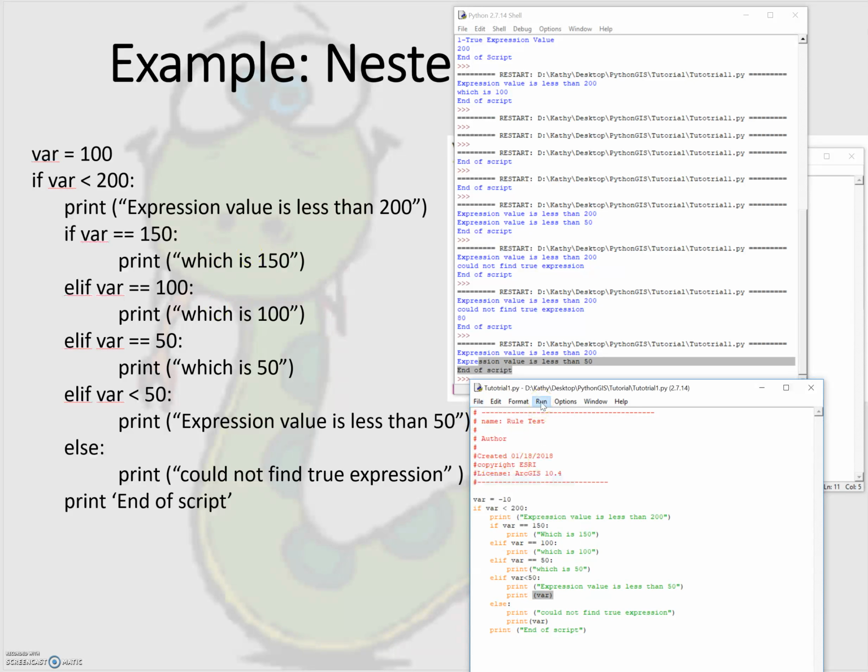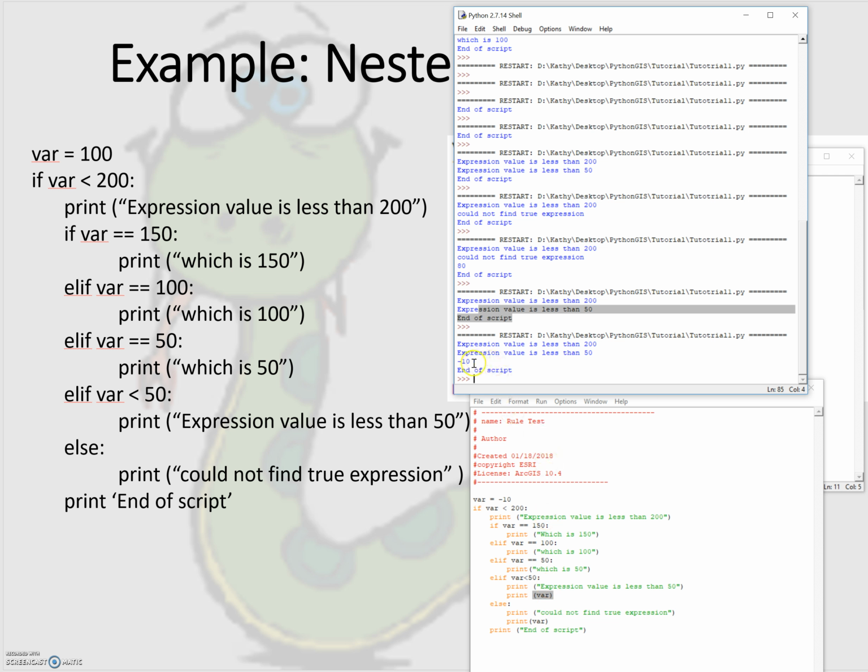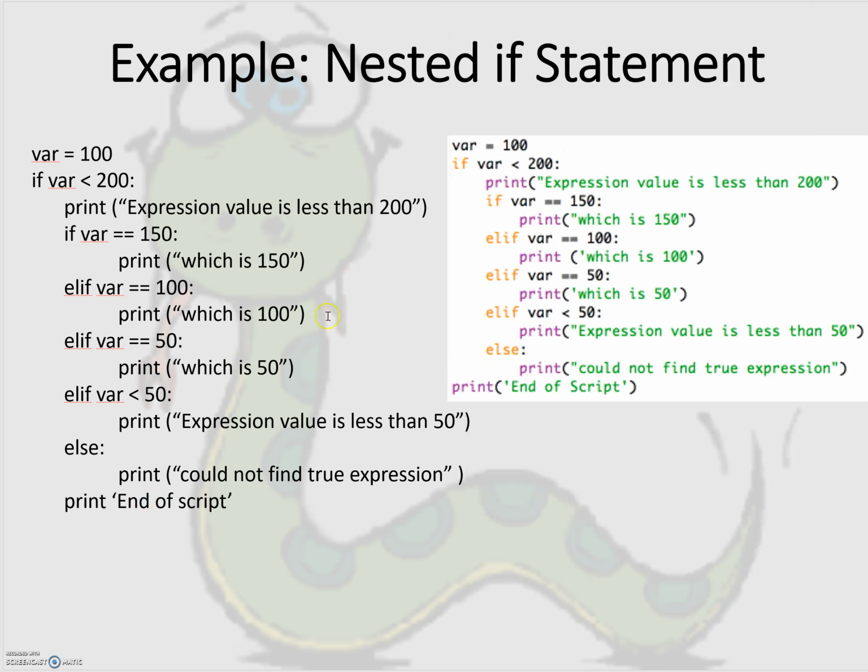File, save, and then run, and it will tell us it's -10. All right, so this is the example here. It has two conditions that we go into, and if it's not, then we want another condition, and it will print if it meets. If it doesn't, like 80, then it will go in here. It says could not find the true expression.